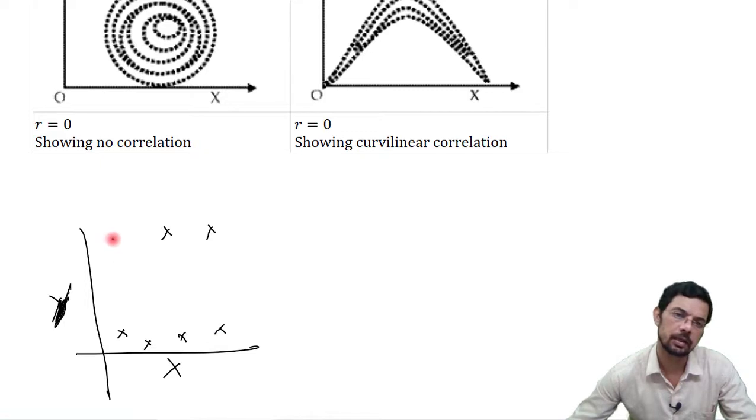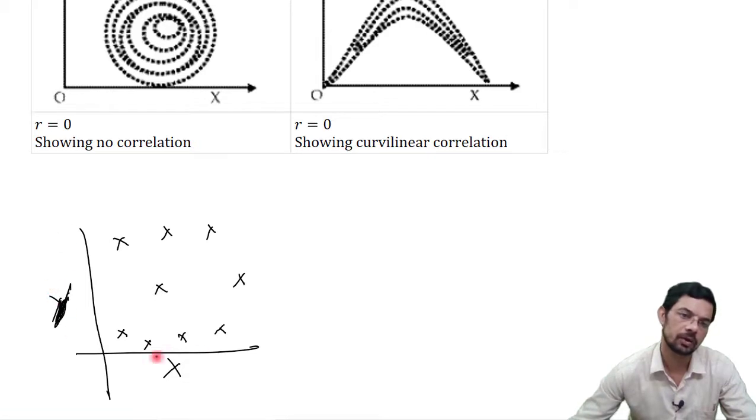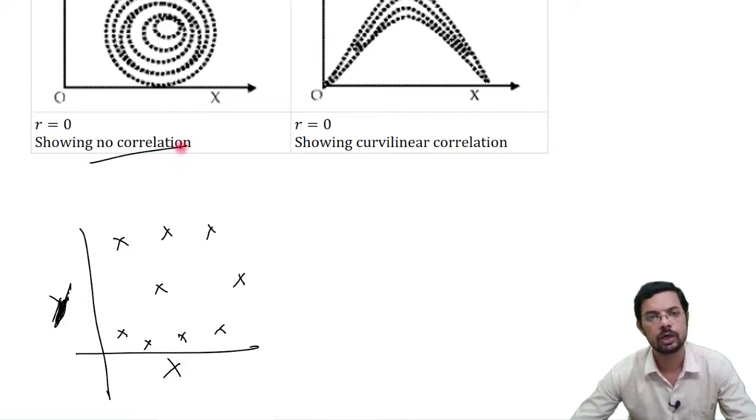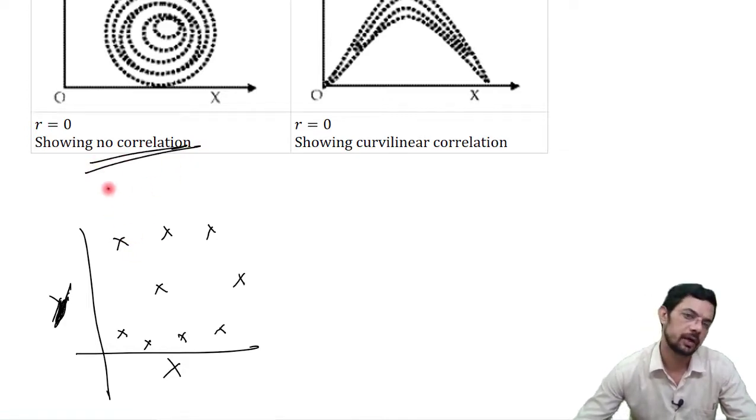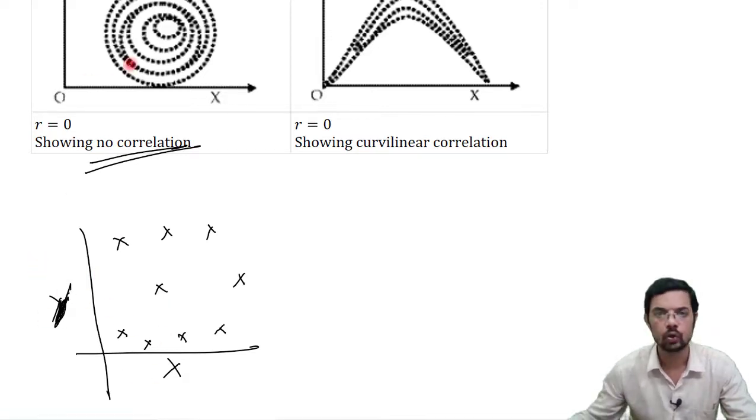We can't say anything about the set of points, how the points are moving. The y is not at all related to x, or it may be given in any order. In that case, we say that there is no correlation between x and y. The change in y is not dependent on change in x.